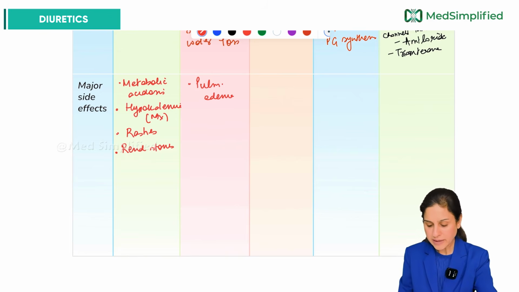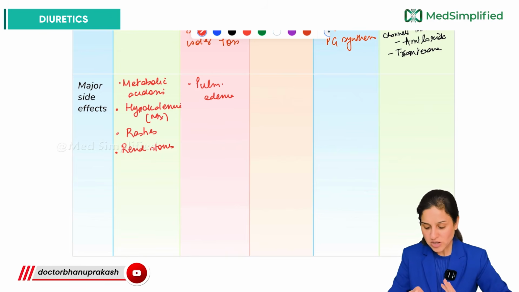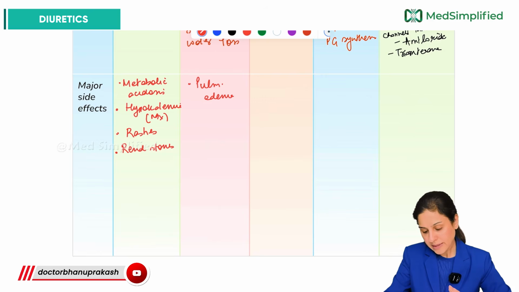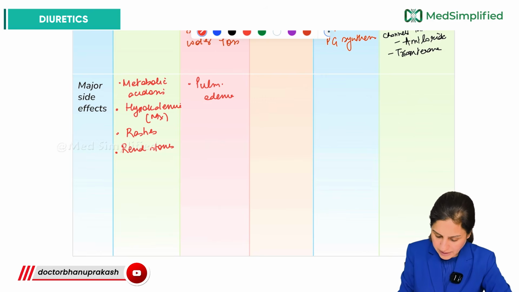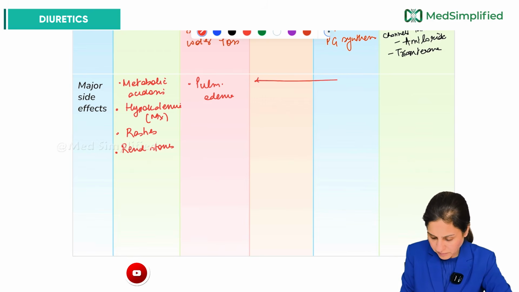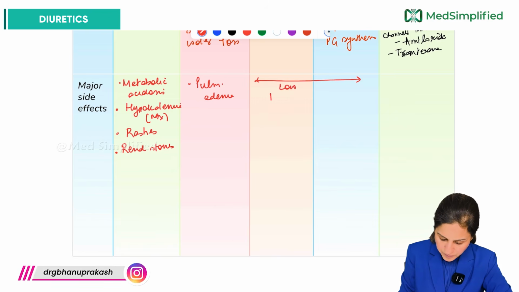Loop diuretics. So loop diuretics and thiazides share a similar side effect profile, except for one difference. If I talk about both of them, they are going to cause low PMC.